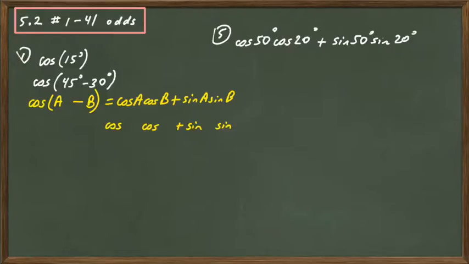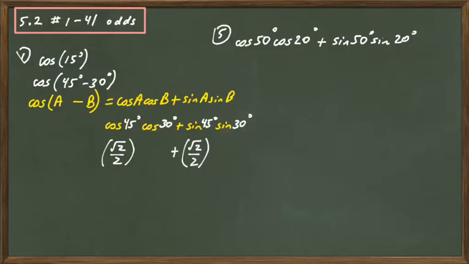What is angle A? 45 degrees. So I put 45 degrees. Angle B is 30 degrees. I know that the sine and cosine of 45 are the same. They're radical 2 over 2. I know the sine of 30 is 1/2, and the cosine of 30 would be radical 3 over 2.